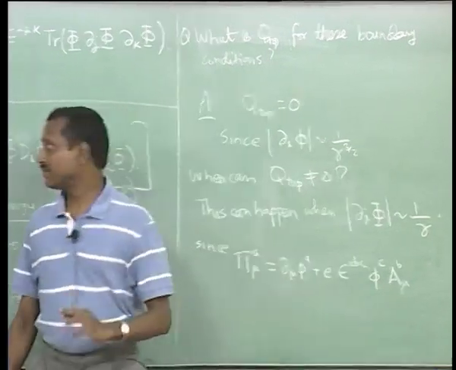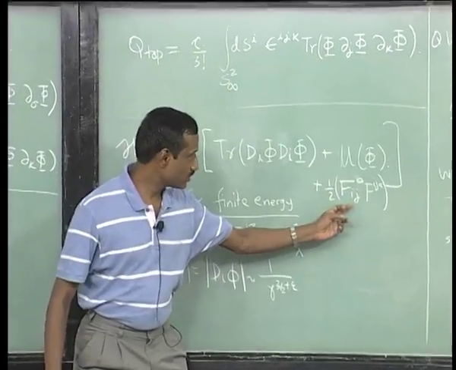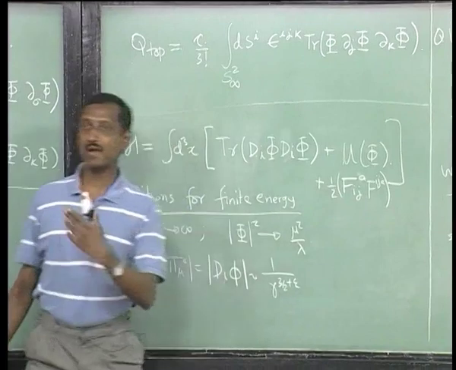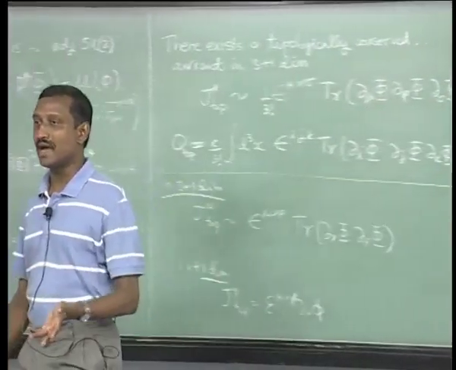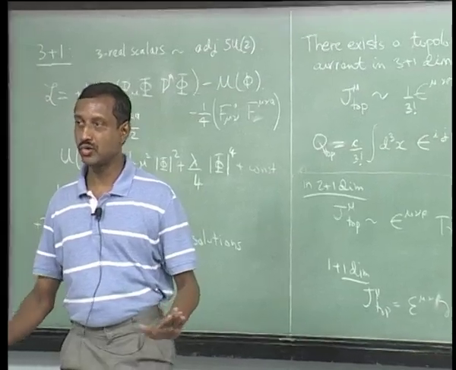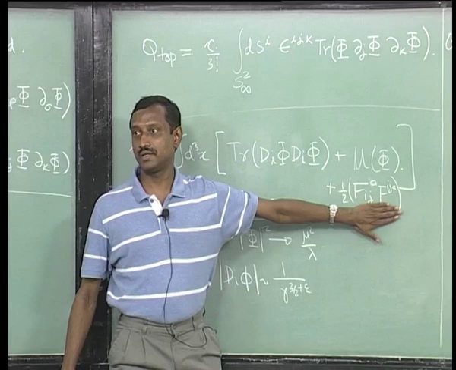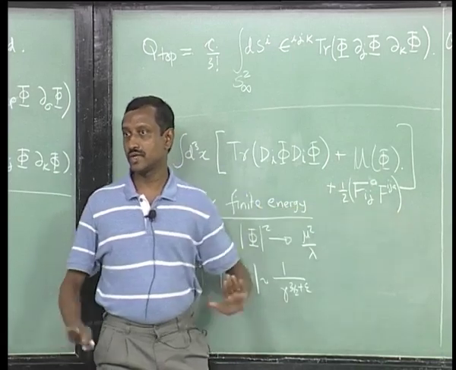Now we still have to check the F term. If A mu goes like 1 by r, F will go like 1 by r square, so F squared goes like 1 by r to the power 4, and you are in good shape. That does not conflict, so this term goes to 0.